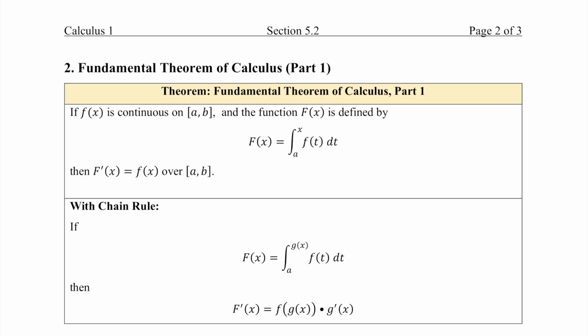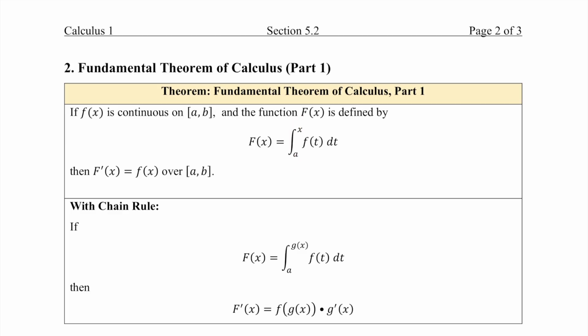This is a big idea. The derivative of an integral gives you back the original function. Let's translate what's happening. We start with a function f of t. Then we build a new function, big F of x, by taking the integral from a to x.